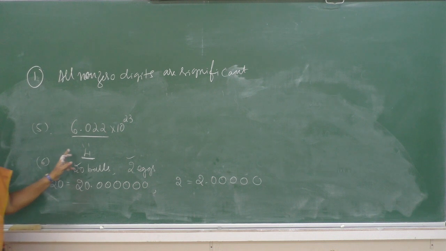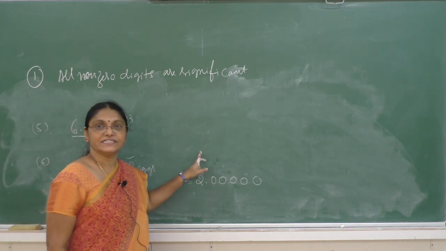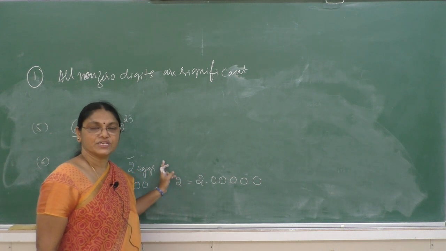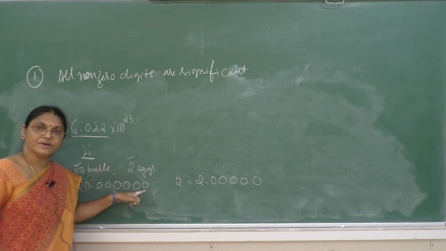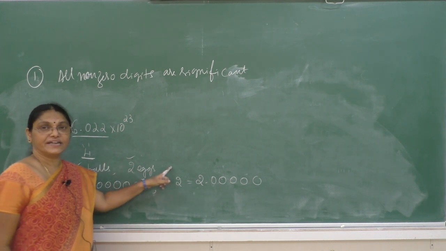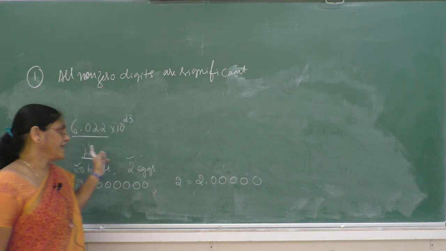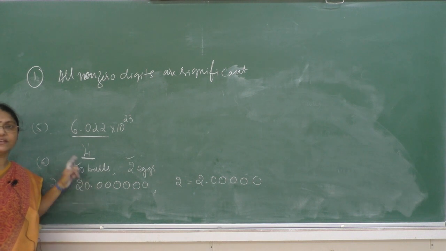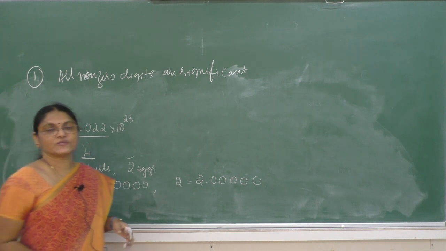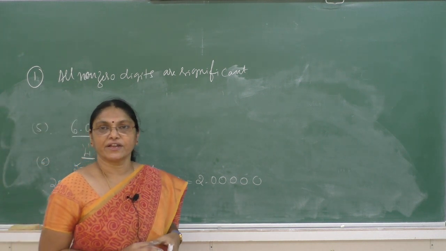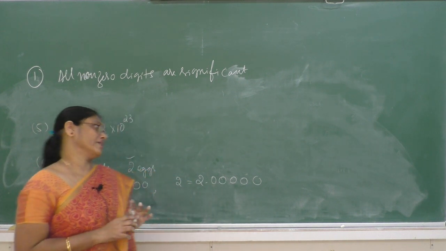Zeros at the end, to the right of the number, if there is a decimal point, are significant. The terminal zeros are not significant provided there is no decimal point.